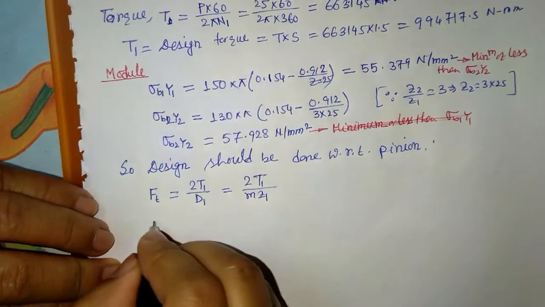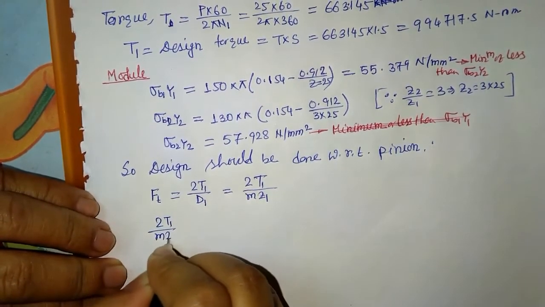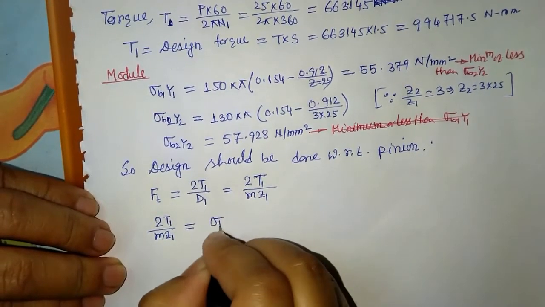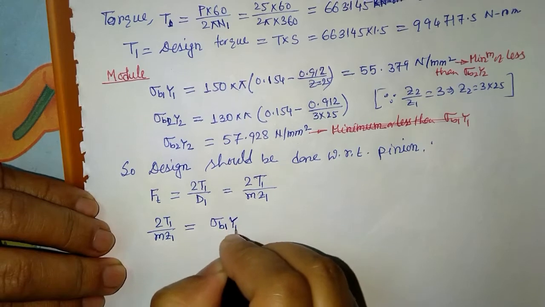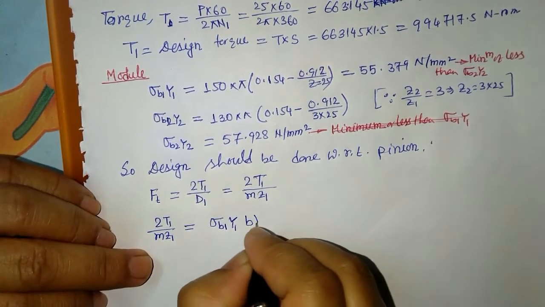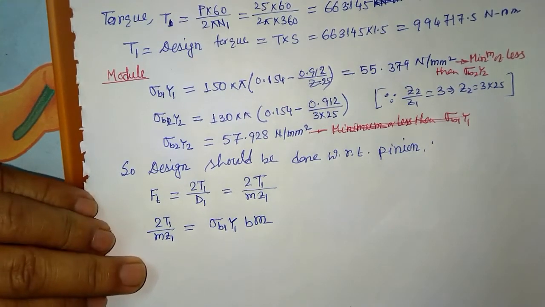So now we can write that 2T1 by M Z1 is equal to sigma B1 Y1 into B into M.